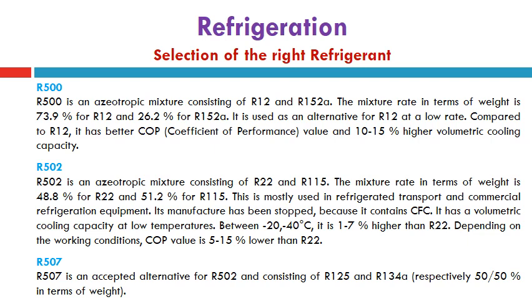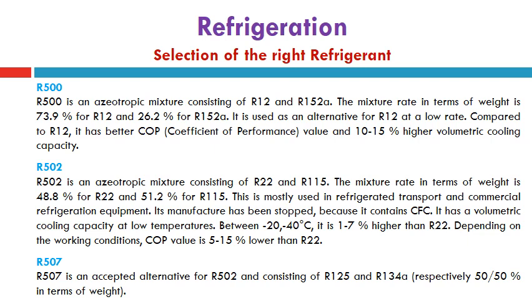This is mostly used in refrigerated transport and commercial refrigeration equipment. Its manufacture has been stopped because it contains CFC, which is contained in R22. It has a volumetric capacity at low temperatures between -20 and -40 that is 1 to 7% higher than R22.